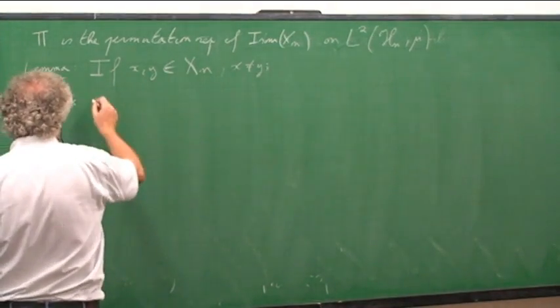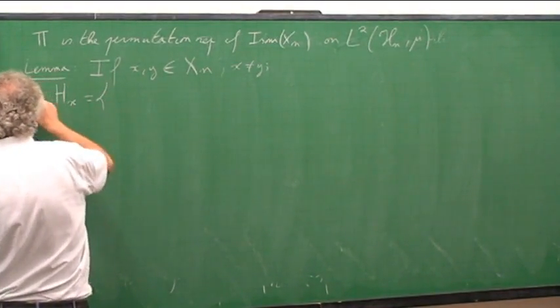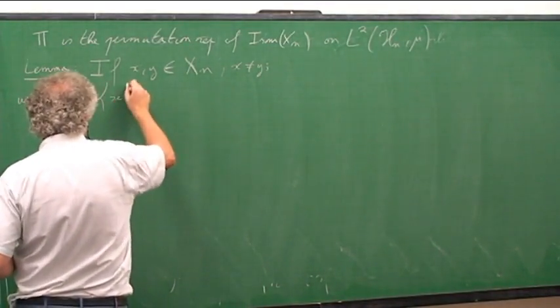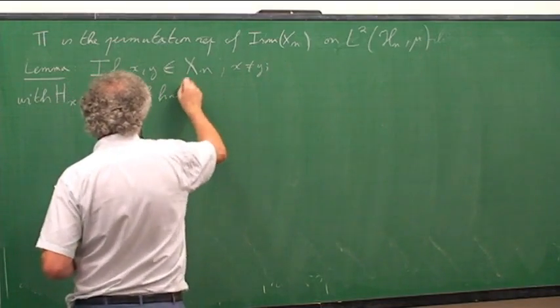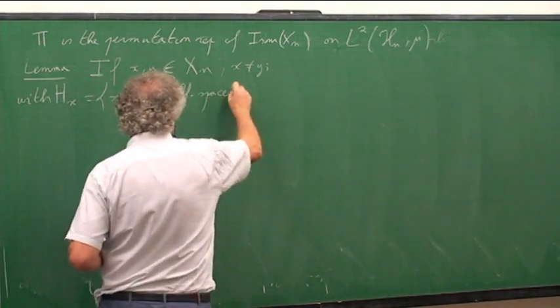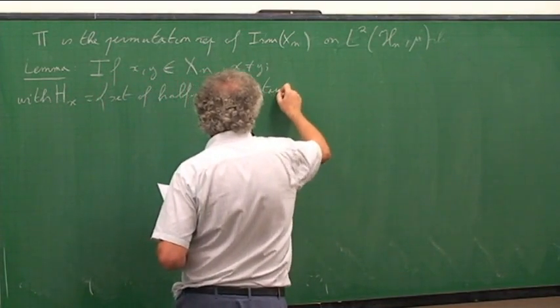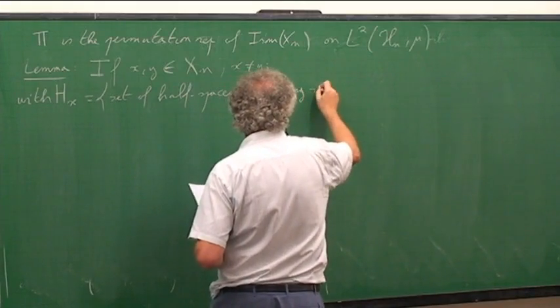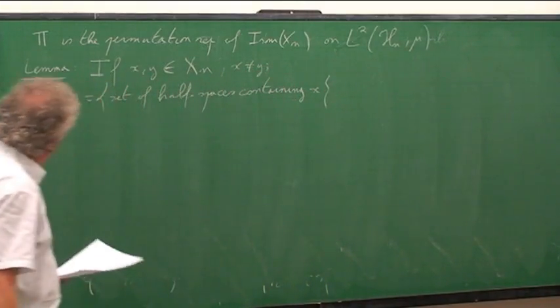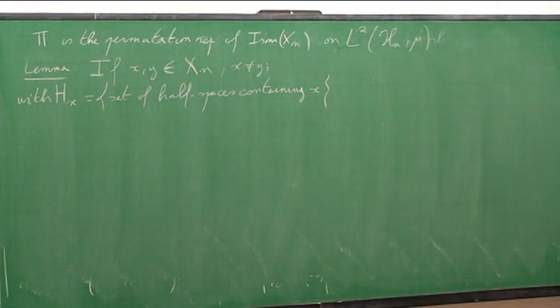Let me denote by H(x) the set of hyperplanes containing x. This is some open set in H_n, but it's a huge open set, and in particular it will have infinite measure.